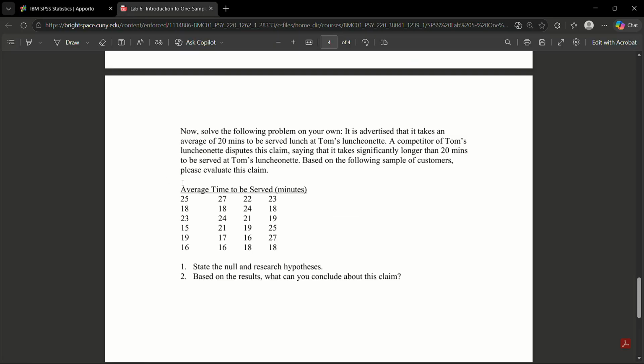So we have 24 data points: 1, 2, 3, 4, 5, 6 times 4 is 24. Okay.